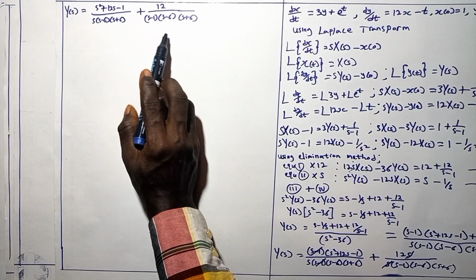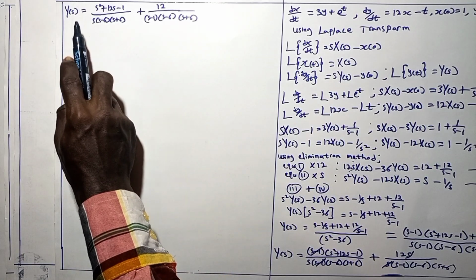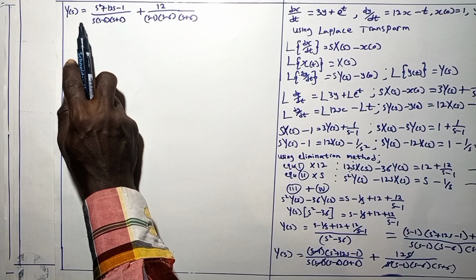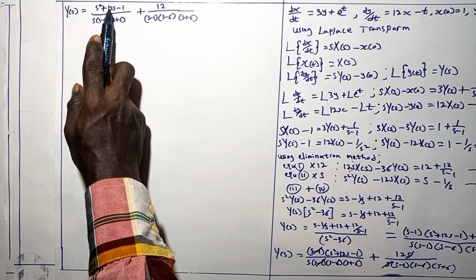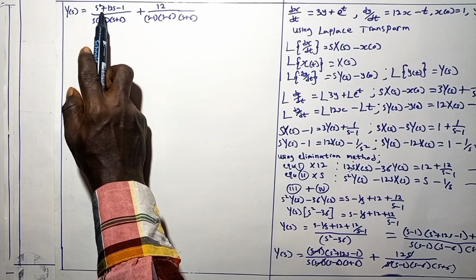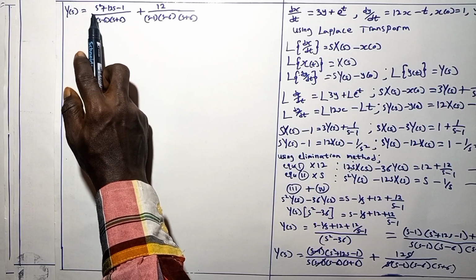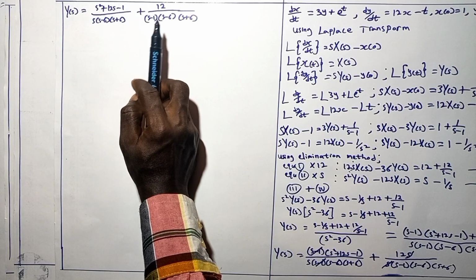Then there's one more manipulation we're going to do. After we are done, we already have our y of s isolated. The next step is to apply inverse Laplace. But when you look at it, this is going to look cumbersome. To take inverse Laplace of this fraction and this fraction will prove difficult and complex.